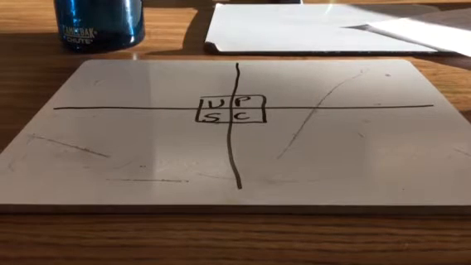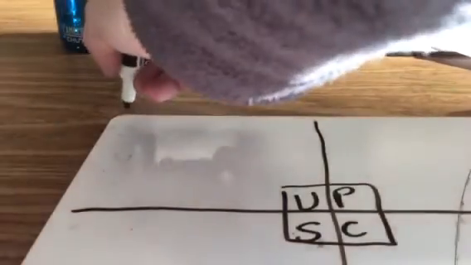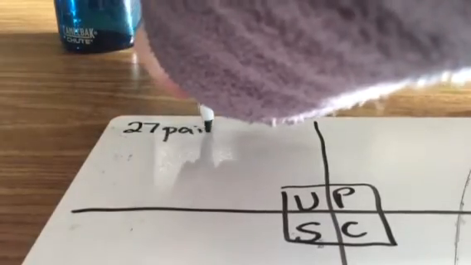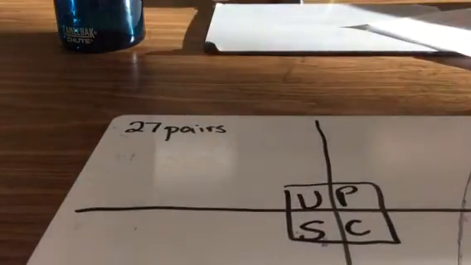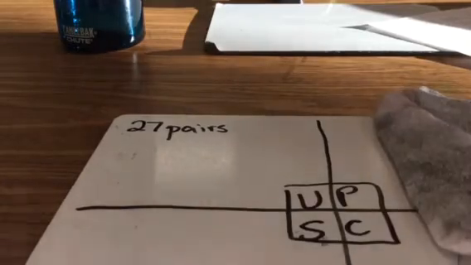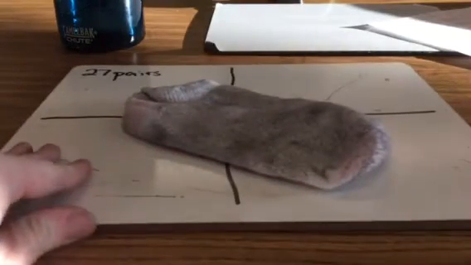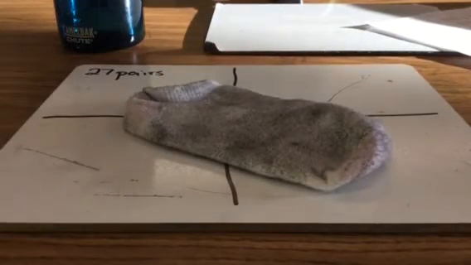Okay, so I'm going to go sentence by sentence to get the important information. So, first sentence, Adrian has 27 pairs of socks. So I'm going to say 27 pairs. What's a pair of socks? Okay, here's a sock, but that is not a pair of socks. A pair of socks goes 1 for each foot.